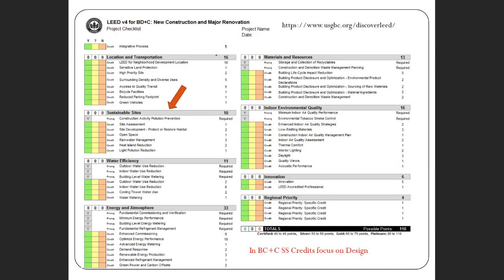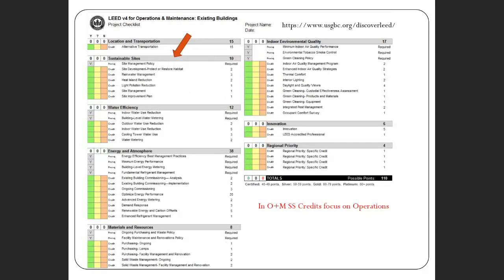Again, building design and construction, sorry, that should be BD and C credits. Those focus on design. In EBOM, or operations and maintenance, the credits focus on how we operate the building. Same sort of things, but they would be written around operational practices and maintenance practices.